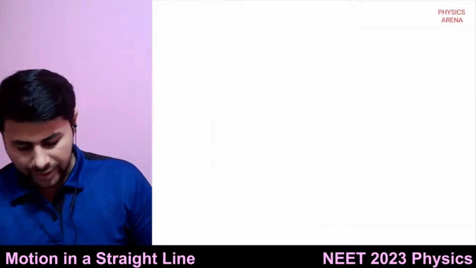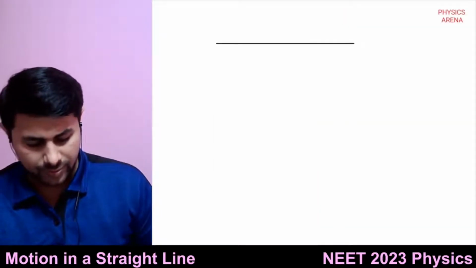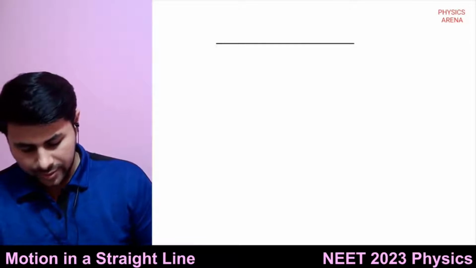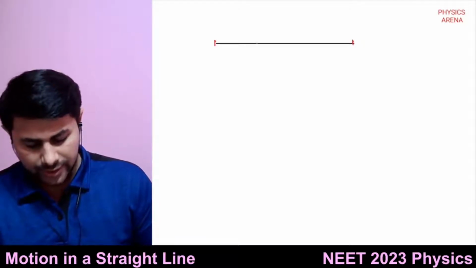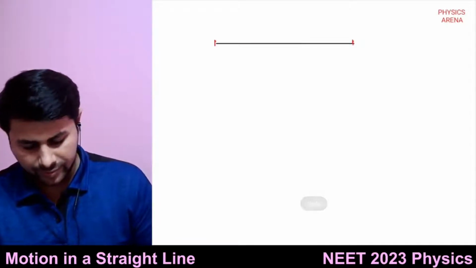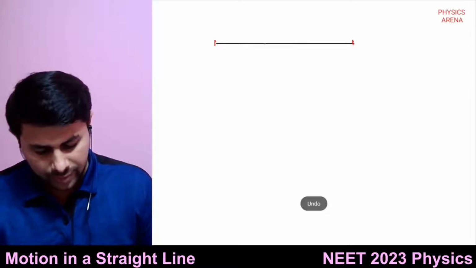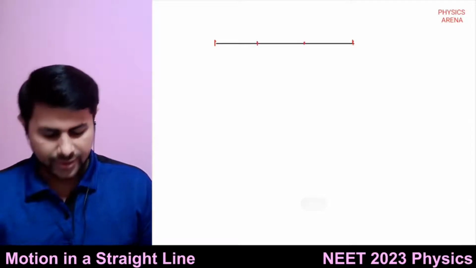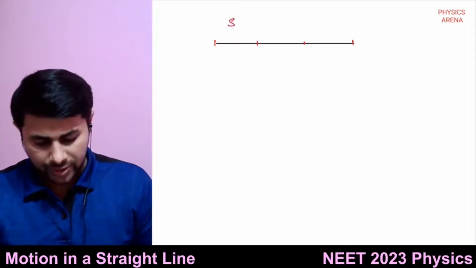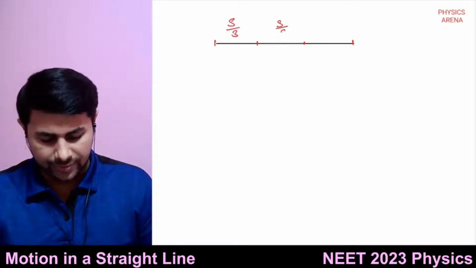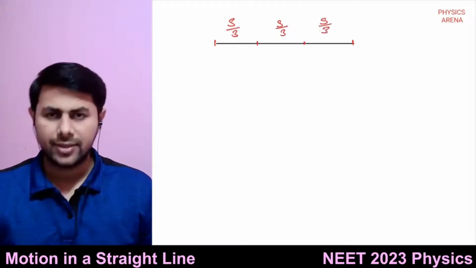But we can do some smart work too. See, this is my distance covered. Total distance covered is, let's say, S. What I can do is divide it into 3 equal parts. So this is S by 3, this is S by 3, and this is S by 3.